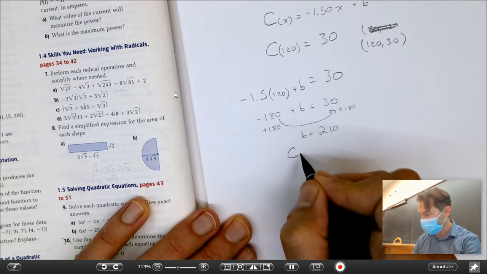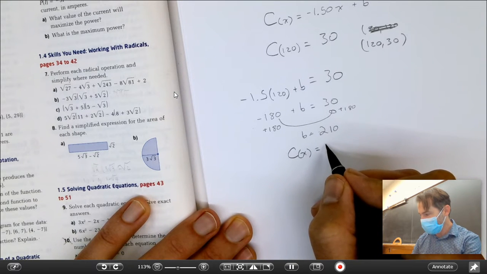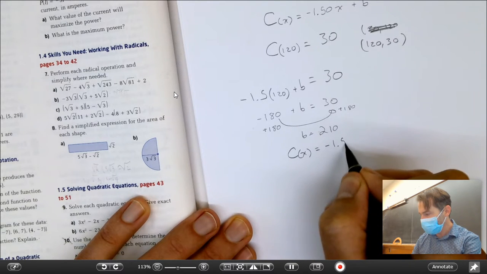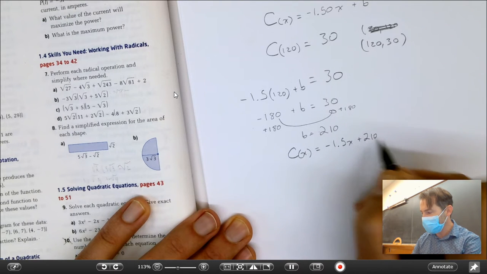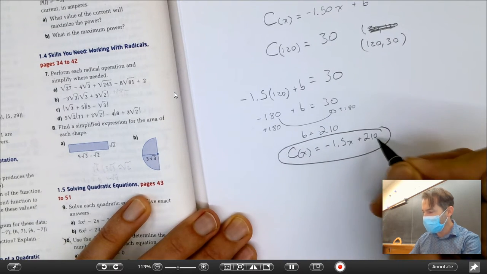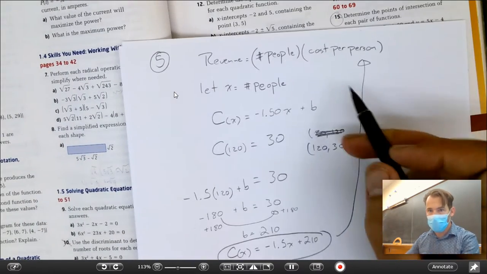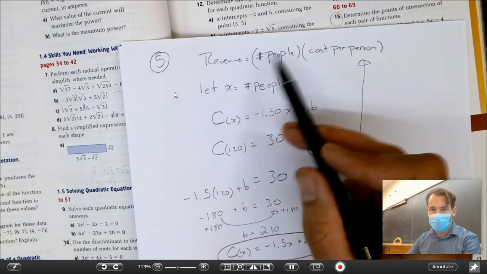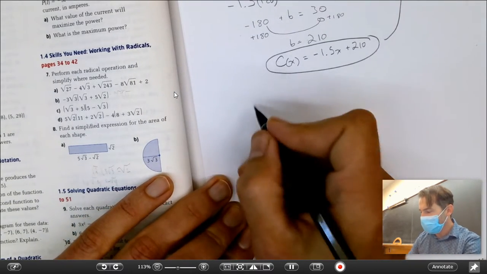Therefore, the cost, which is a function of x, is equal to negative 1.5 multiplied by the number of people plus 210. Circle that. That is what we're going to put in up here for the cost per person. So I know that revenue now is number of people times cost per person. So let's write out a revenue formula.